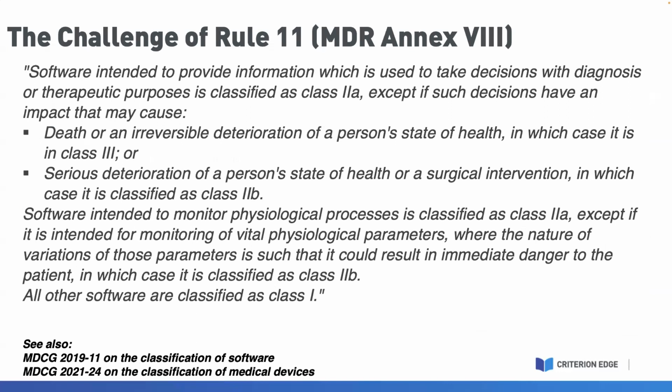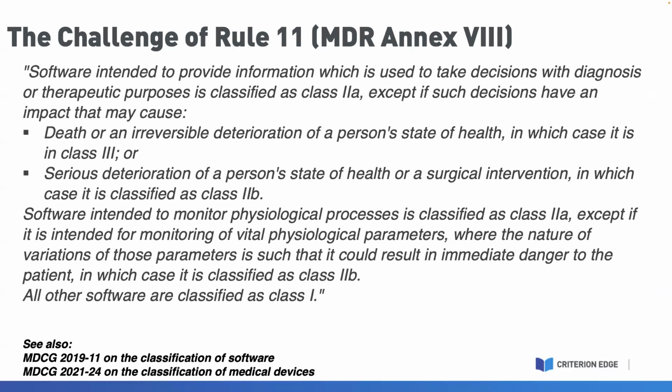And if you take the literal interpretation of rule 11, as I've written out here, it can reasonably be interpreted that all software is class 3 because under some circumstance, it's reasonably possible that there's a situation where the information provided could lead to a risk. It could be highly unlikely, but you can't close the door that that's not a possibility.